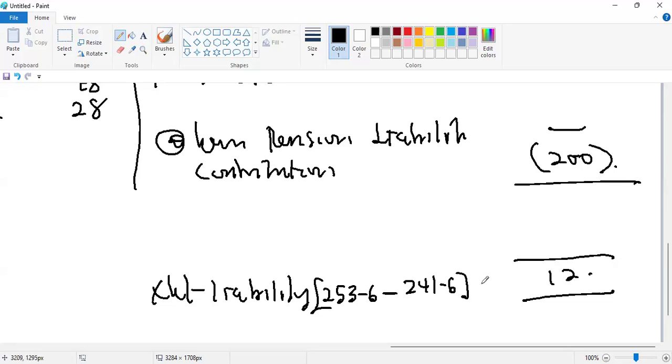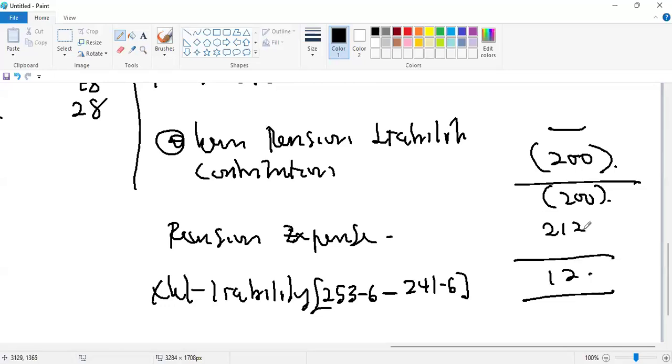For me to have 12 at the end, what will have been debited to retained earnings? The pension expense to retained earnings, with the 200 contribution, means 212 is what I've paid into the pension plan to have a liability of 12 at the end.